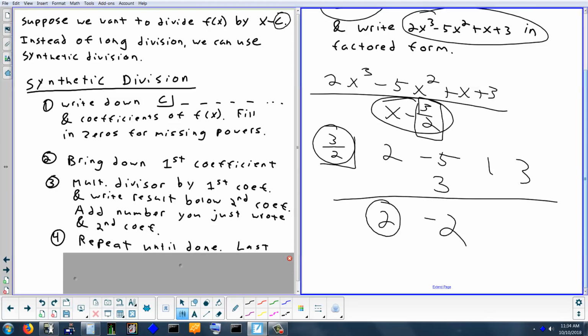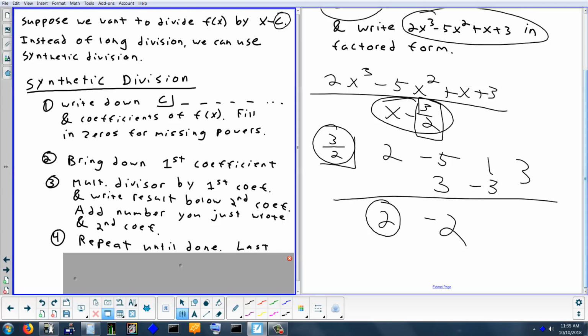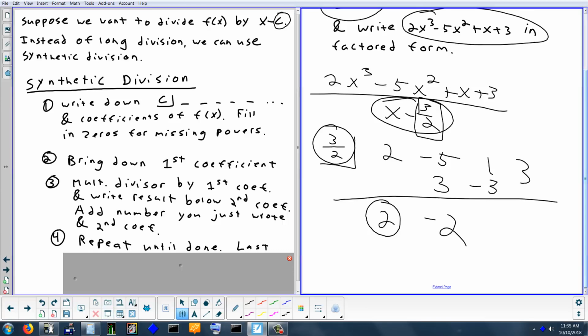What's 3/2 times -2? -3. Add the number we just wrote and the coefficient that's above it. What's 1 plus -3? -2. Yep, -2.